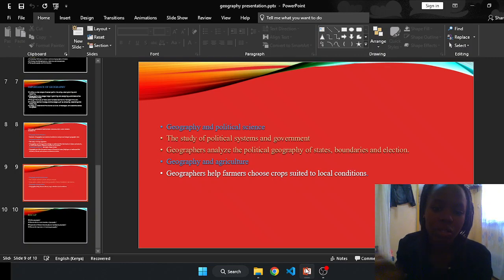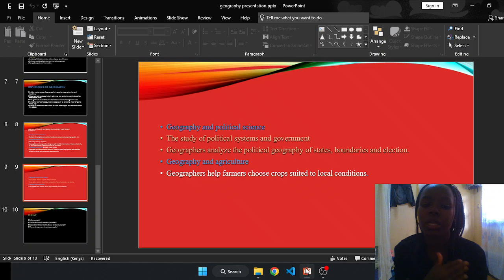Therefore, it is useful. It relates with geography, because geography studies climate and agriculture is about crops, so it helps them to identify which types of crop to grow in this place and which ones not, also which type of animal to keep and which not, because the climate is not favorable to all different types of crop or animal. Also in different places, like in Kericho the climate is cool and wet. We can also grow tea, because it is favorable.